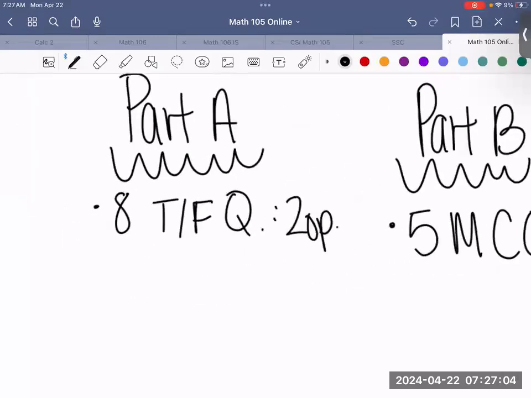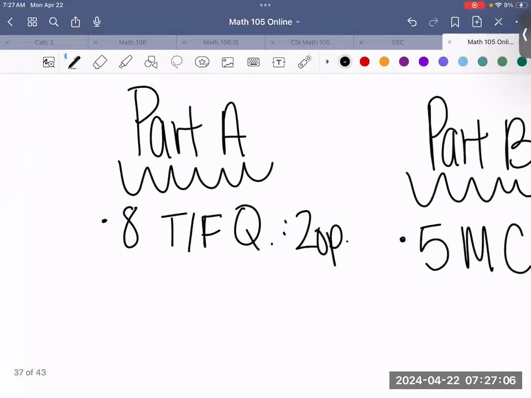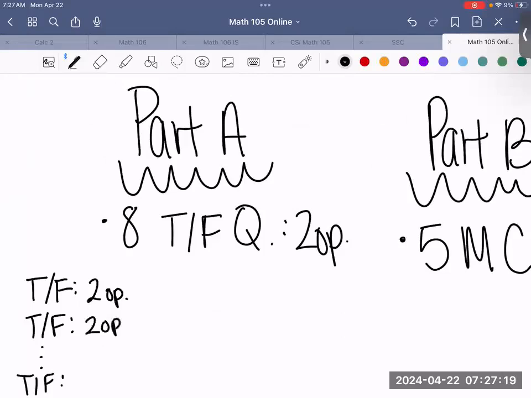Okay, so let's look at part A first, right? True, false. True, false, and so forth, true, false. Your first one has 2 options. Your second one we said has 2 options, and so forth, 2 options. What did we find was the easy way to write this out?